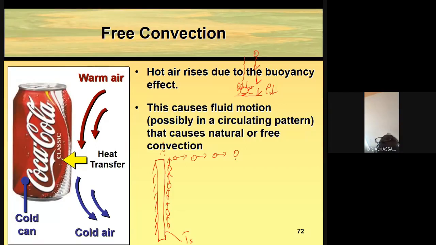So then again, its density is going to increase. When the density increases, it will start dropping down, and then again it will be approaching the hot surface like this.